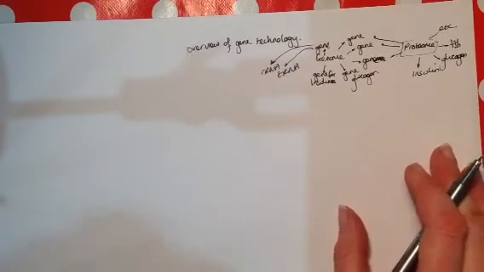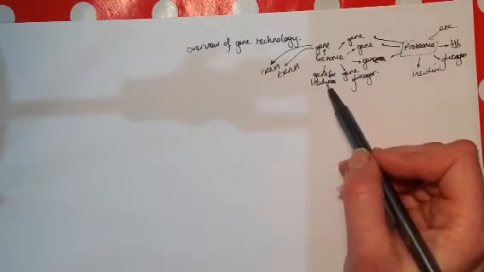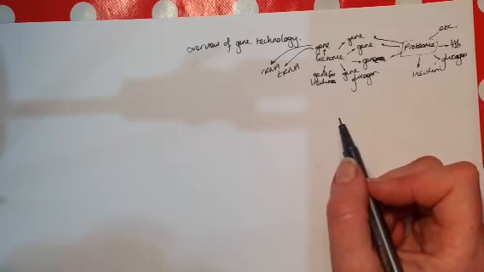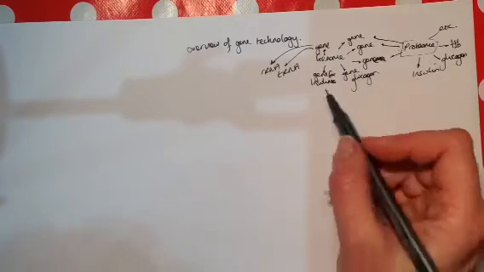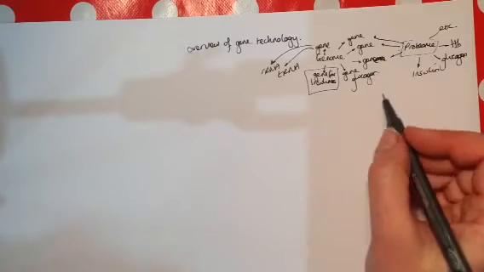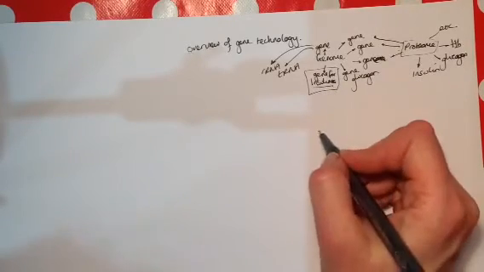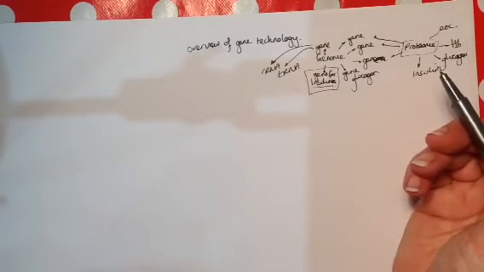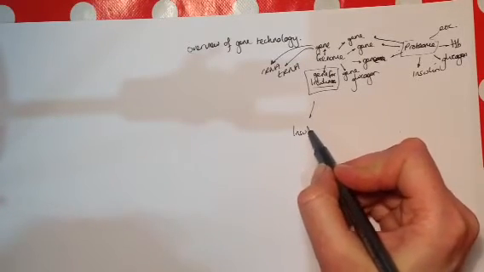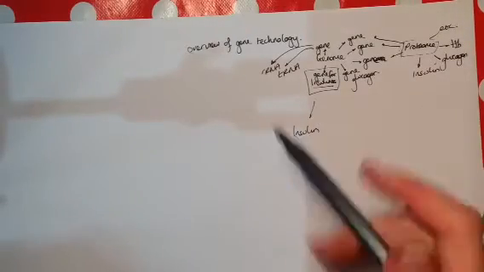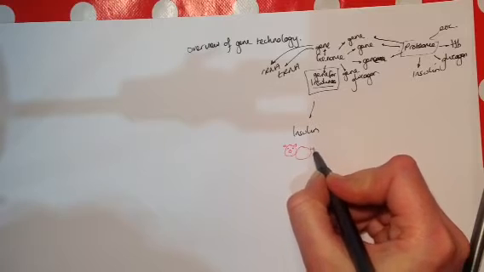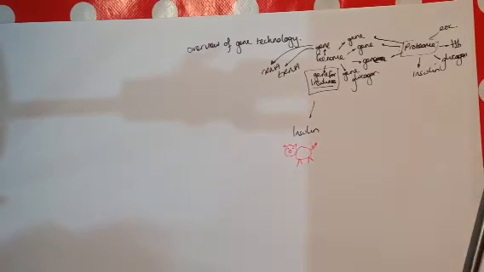Okay, so once you've identified your genome and you know what all the sequences of bases code for, you can then use that. Let's take insulin, that's the simplest example. If we want to make lots of insulin, originally insulin was taken from animals. The problem with that is the insulin from a pig or a cow is just not the same as the insulin from a human.